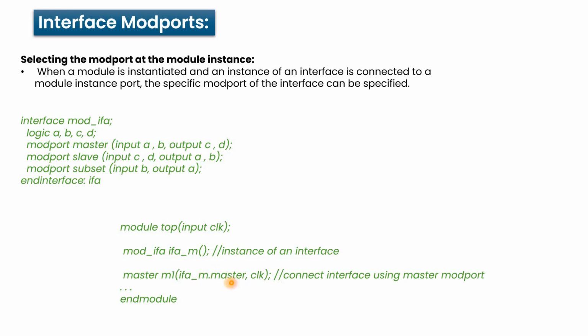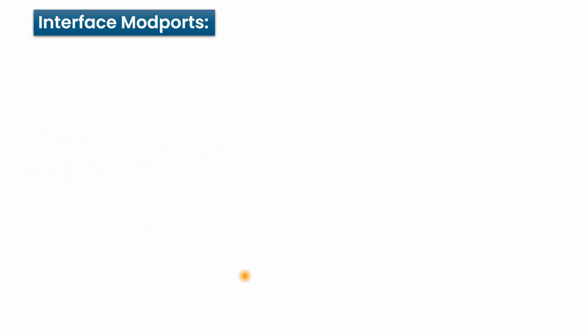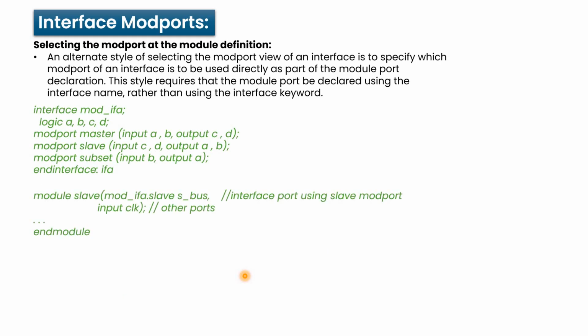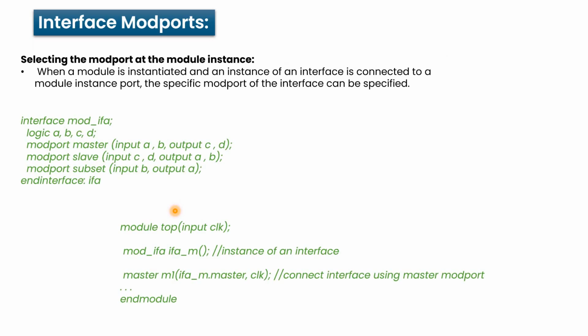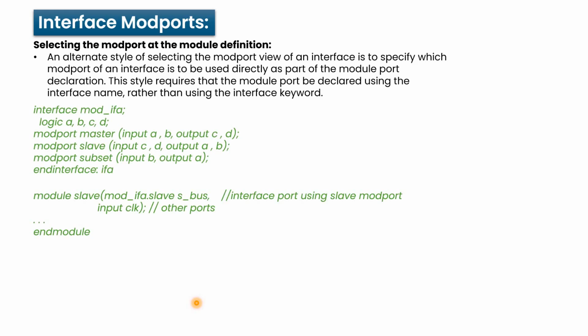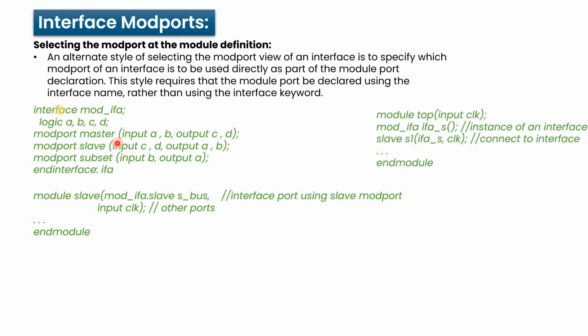So now this master port comes with the direction of the signals. The second way is that we can use it in the module definition itself. In the first one, the mode port was used in module instantiation, and we can also use it in the module definition. For example, we have the same interface, but here in the slave module definition itself, we are connecting the slave mode port to the port list of this slave.